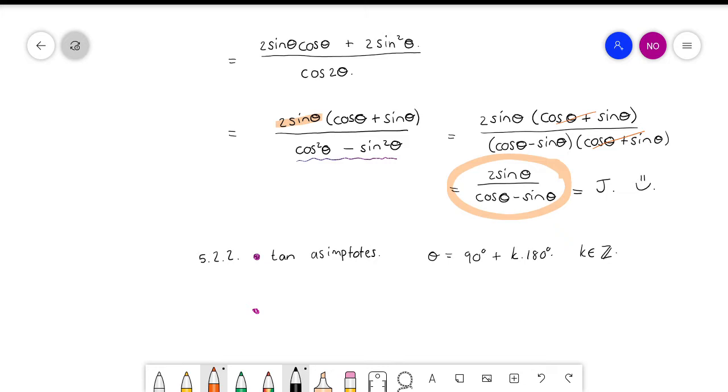That is true for when we are solving equations. So that is true. But now we're only looking at an expression. So we don't have a value in the theta. Nee? So dit gaan spesifiek nou oor watter waardes van theta is hy ongedefinieerd. Niemand toe? Denominator equal to 0.